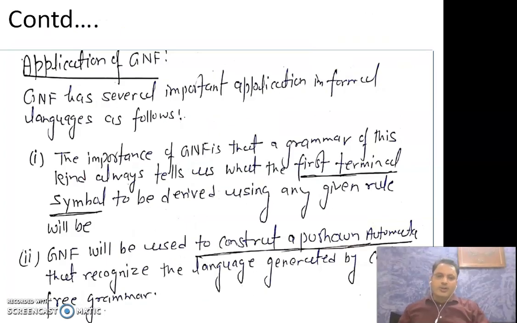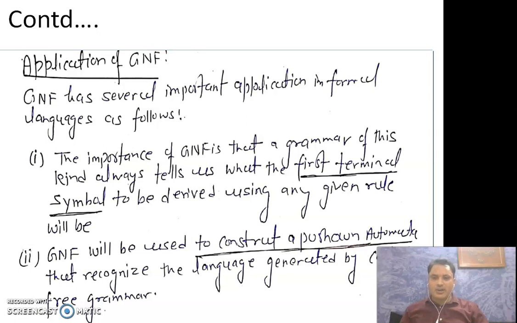It is also very important to understand the application of the topic. It will help you to connect with the topic. GNF is a very important topic in theory of automata and formal language. By understanding the concept of GNF, we can easily learn, while deriving any string, which will be the first symbol to be derived using any given rule, because it is in the definition of GNF.